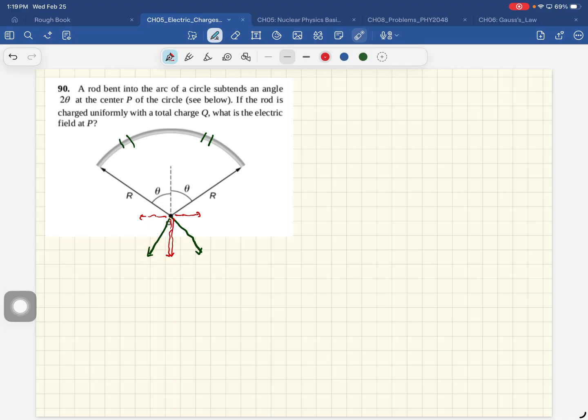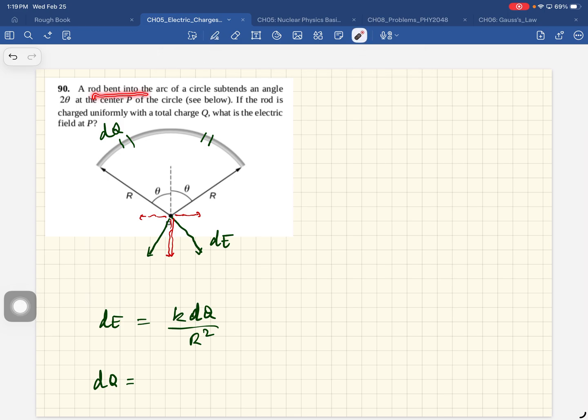We'll call that the y component, dEy, equal to dE cosine phi. By the way, this angle is d phi.